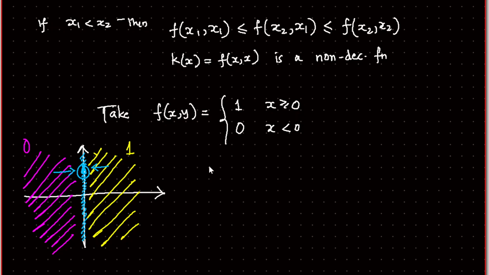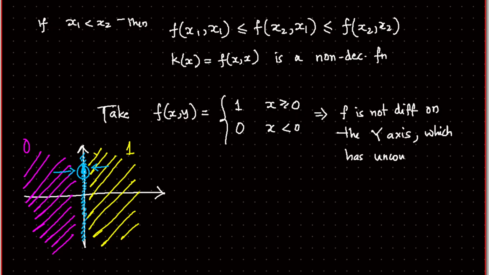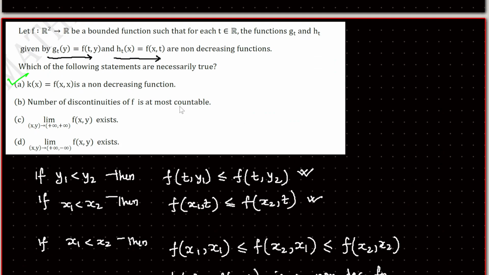It means f is not differentiable on the y-axis, and the y-axis contains uncountably many points. So this is a contradiction to the second option. So the second option is false.